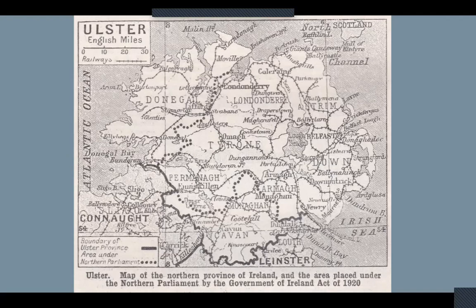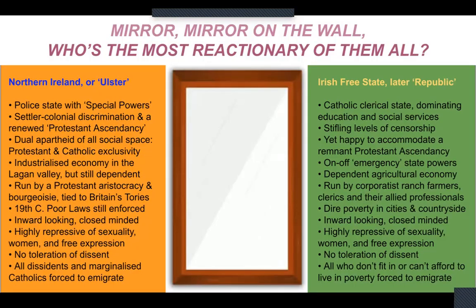Okay, right. So what about these 2 states then? We have two states in Ireland now, where there used to be only one. It was one under British occupation, but it was still considered one area of one country, part of the United Kingdom, and is now Northern Ireland, or Ulster as it became known.